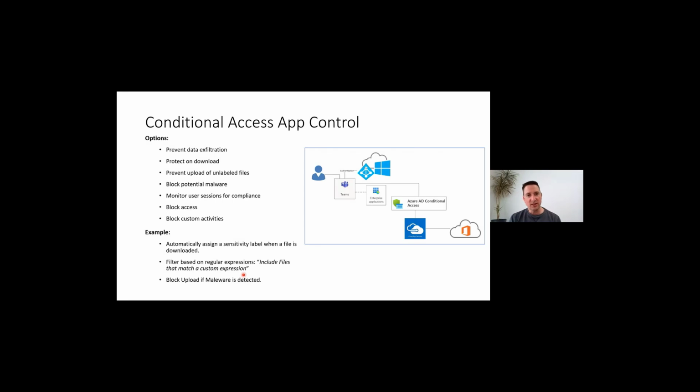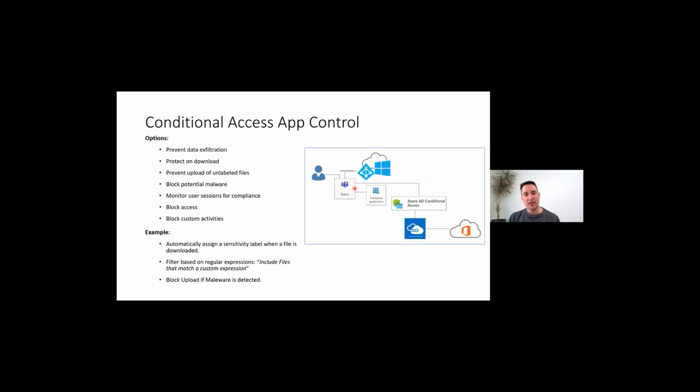So Conditional Access App Control is the name of the combination of the features Conditional Access and Defender for Cloud Apps. As you can see in this picture, the normal scenario is that a user is trying to access Teams, and this is authenticated by Azure Active Directory because Microsoft Teams is an enterprise application in your environment.